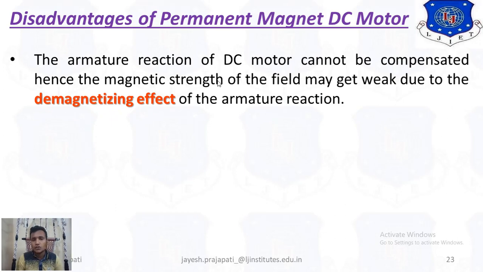The armature reaction of the DC motor cannot be compensated, hence the magnetic strength of the field may get weak due to the demagnetizing effect of the armature reaction. We know that in a DC motor the armature reaction has a demagnetizing effect, so at that time the main magnetic strength will be weak. If the magnet is demagnetized, the magnetic field will be weak, so we also have armature reaction problems.